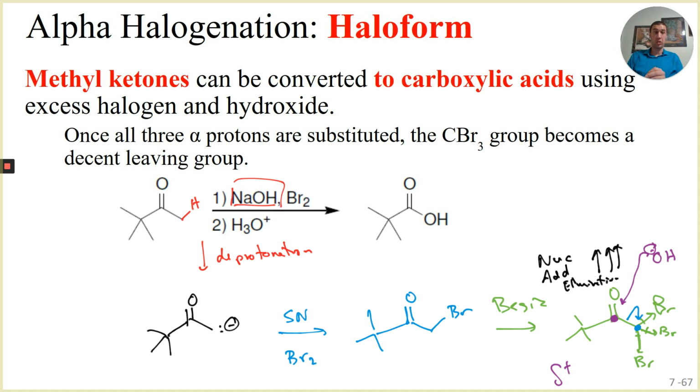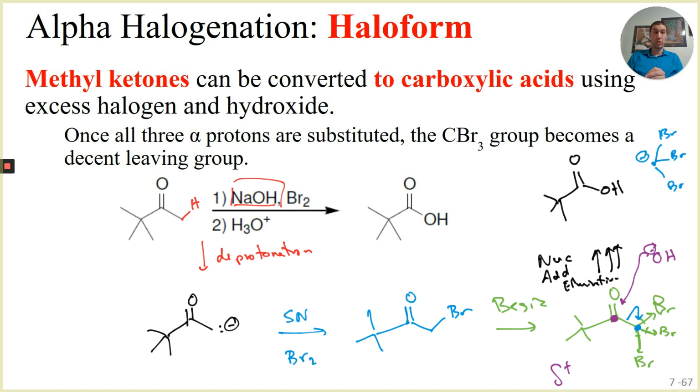The mechanism we'll learn later in the semester, so don't stress a whole lot about it. But what will end up happening is we will both add and eliminate to now get that substitution. We would get the remaining carbon with the 3 bromines connected to it.